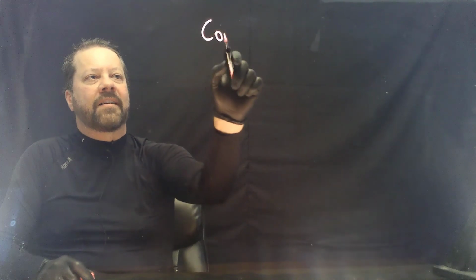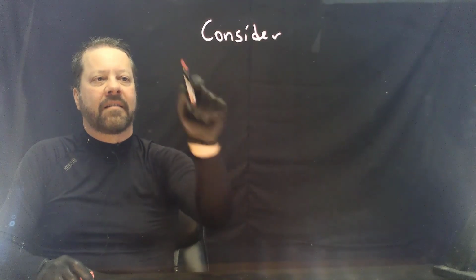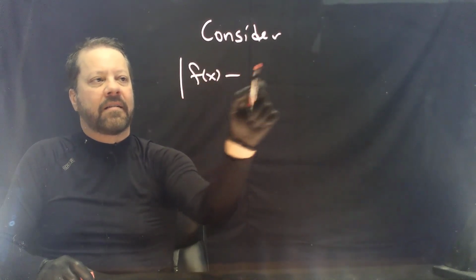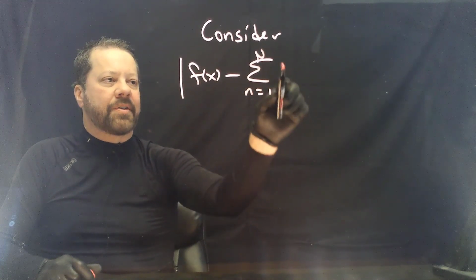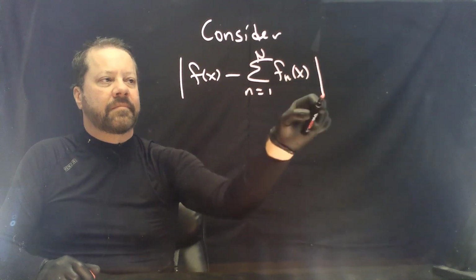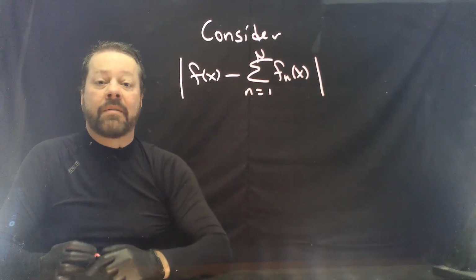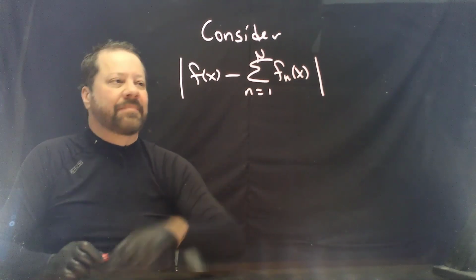So we consider the difference between f and the partial sums and see if we can get this to be small independently of x.